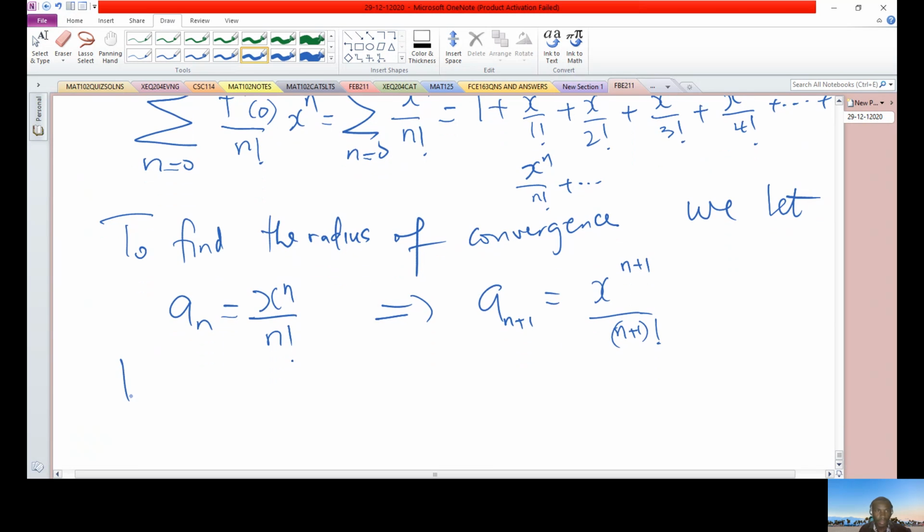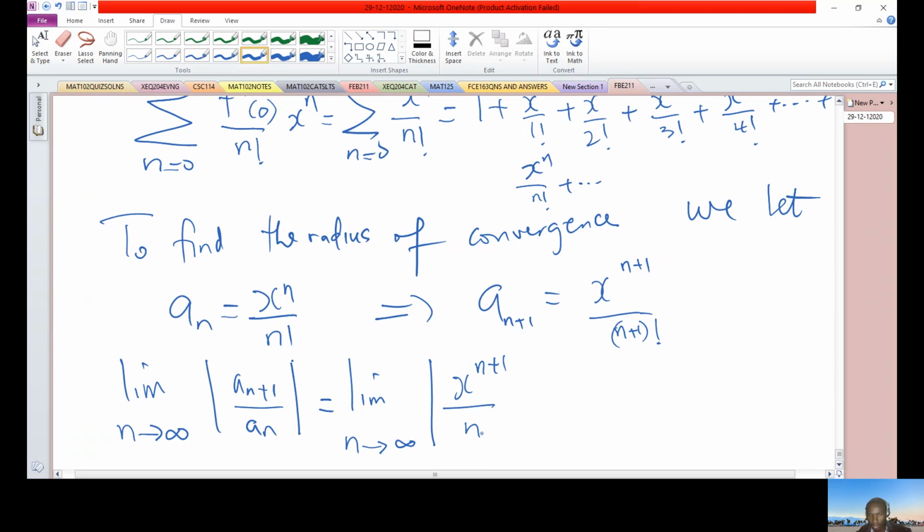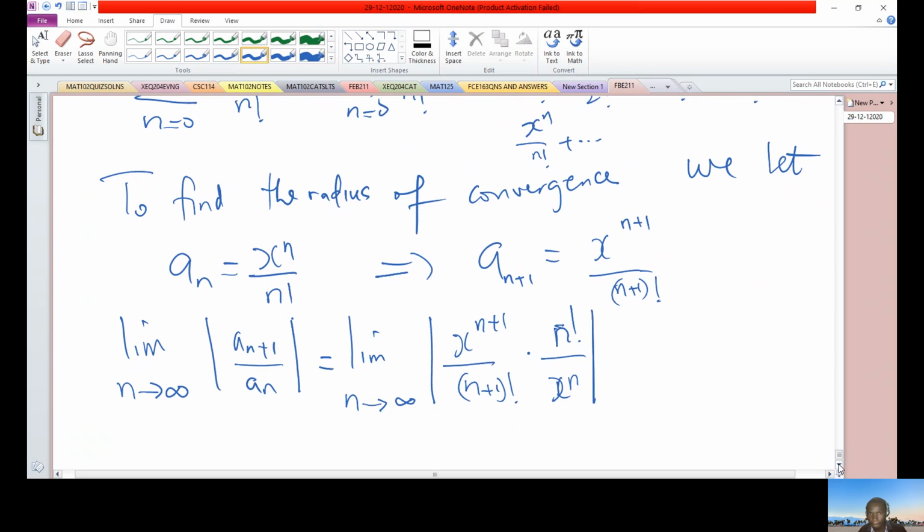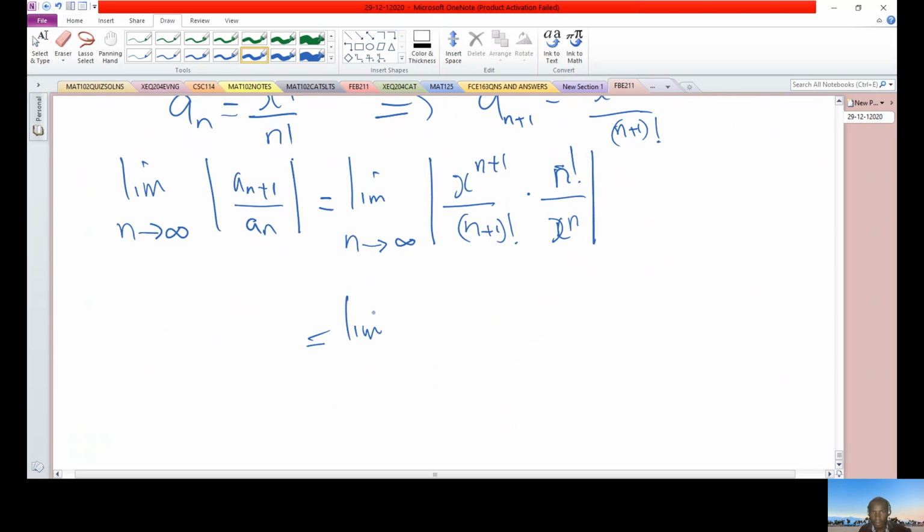So the limit as n approaches infinity of a_(n+1) over a_n will be the limit of x to the n plus 1 over (n plus 1) factorial times n factorial over x to the n, which will be the limit of x to the n times x times n factorial over (n plus 1) n factorial times x to the n.